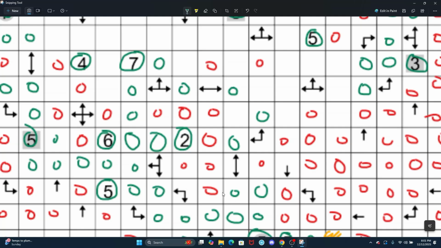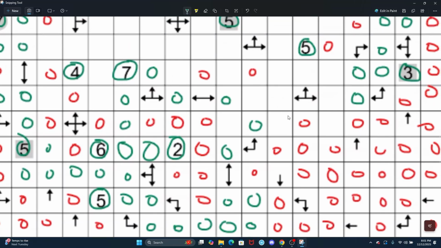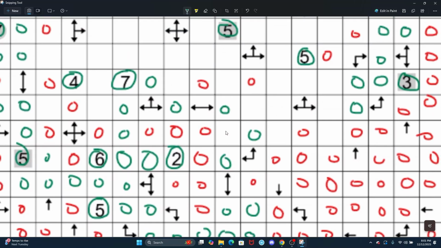So that helps fill in this bottom cell that we were missing before. And so this cell has to also be green then, or else if it were red, then it would trap this cell here.